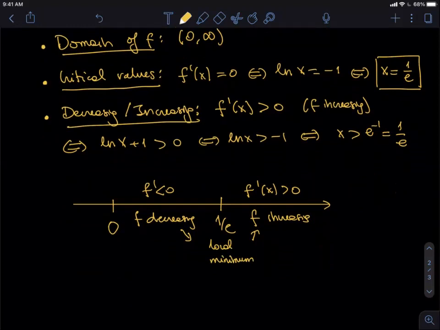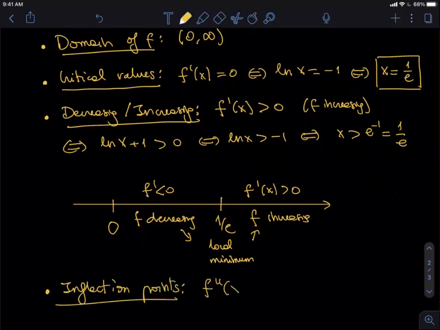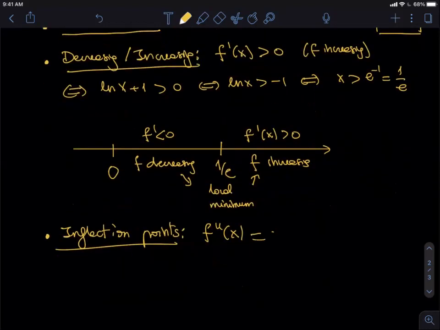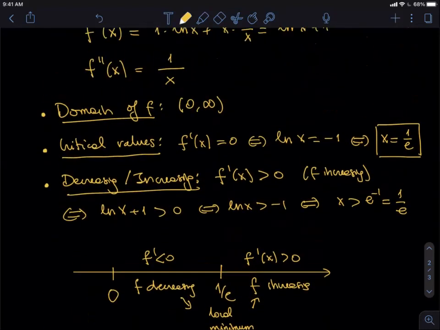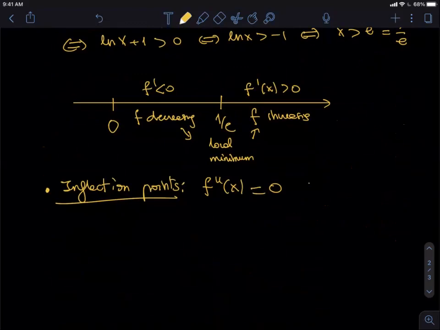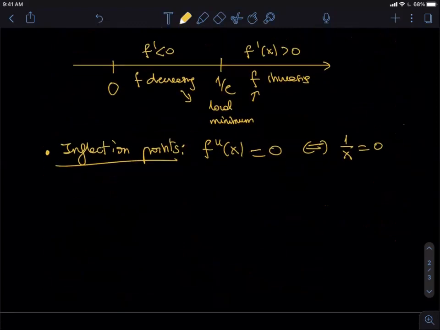Now, for the inflection points, we are going to study the second derivative. Here we are going to solve f second equals 0, right? The second derivative was 1 over x. 1 over x equals 0, but this is not going to happen.